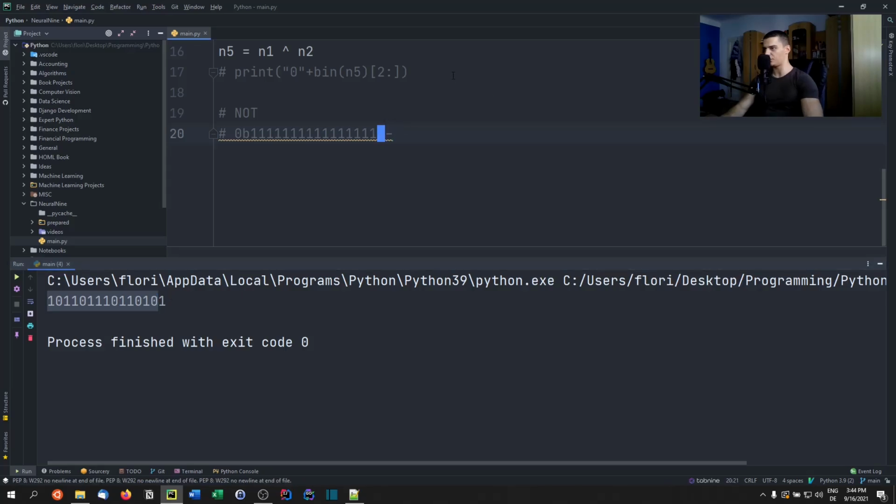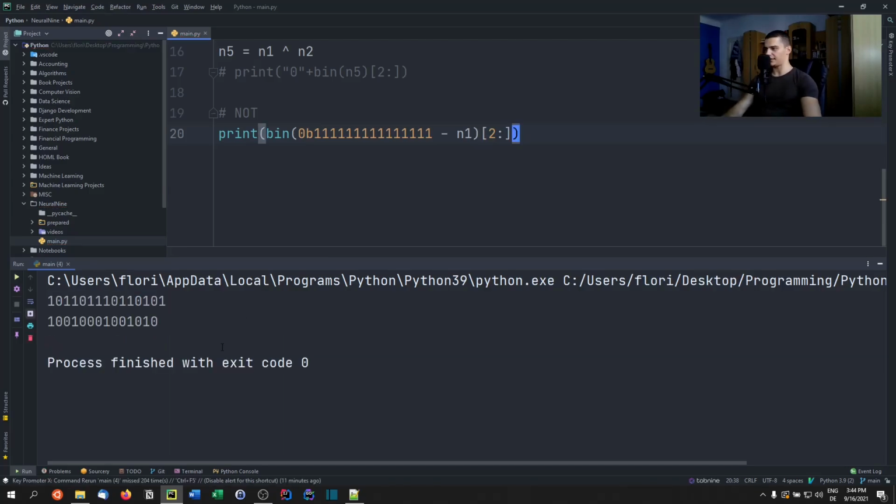So, okay, we need to remove 1 bit here, and then we can say minus N1. Let's print the binary result of that and remove the first 2 digits. By doing that, and of course we need to have a leading 0 here, we're going to get the exact negation.